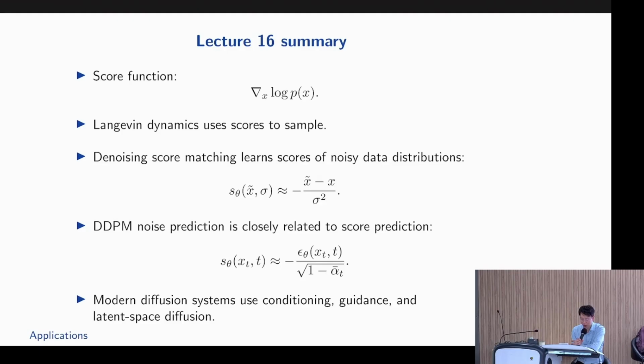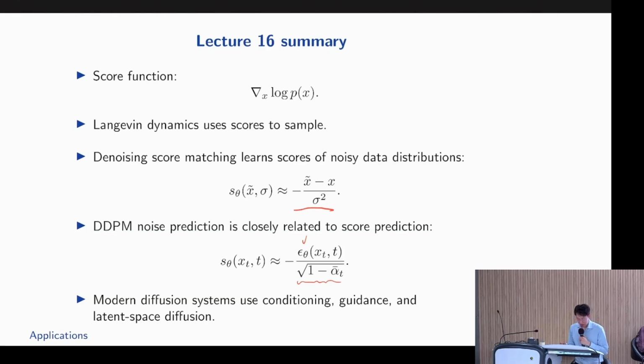We were able to replace it with the Hutchinson trace estimator by sampling, and talked about NCSN, where you corrupt the image and the score function outputs the score for the noised image x tilde. And in DDPM, noise prediction turns out to be closely related to score prediction. The score is related to the output of the denoising network up to just a constant factor.